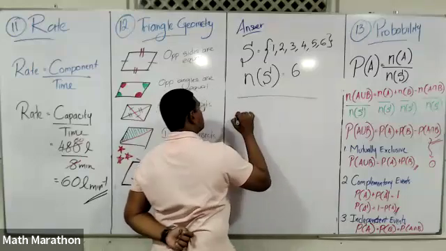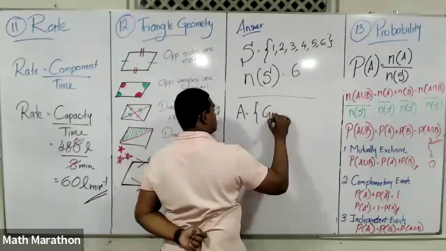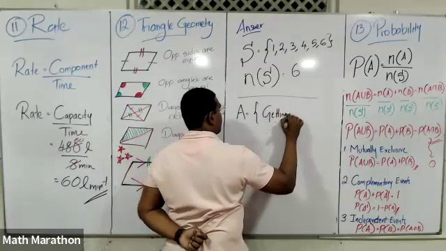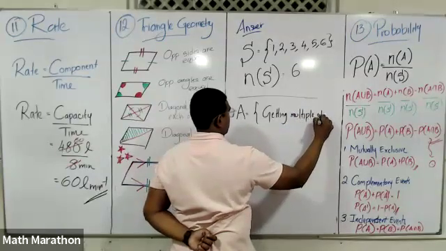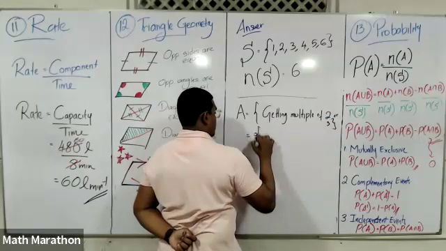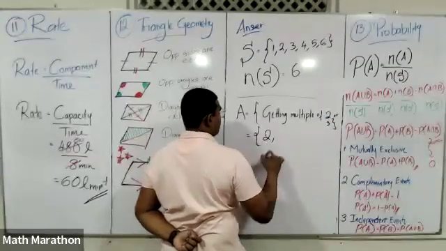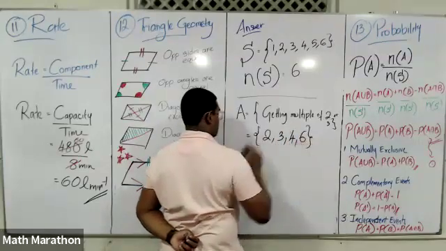Out of that, let set A be getting a multiple of 2 or 3. What can I get? I can get 2, 3, 4, or 6.